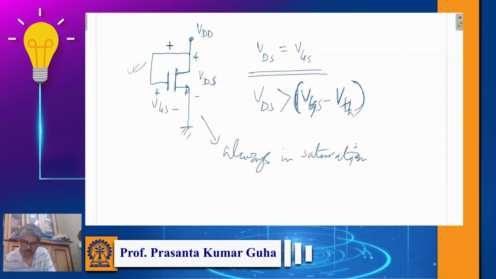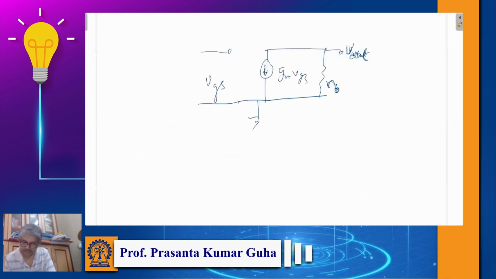One thing I forgot to mention: usually the enhancement type MOSFET symbol is like this.